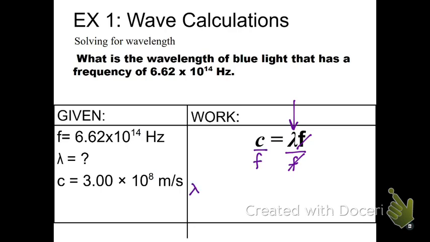So my wavelength is going to be equal to the speed of light divided by the frequency. Now I can plug in my givens, right? So my speed of light is 3.00 times 10 to the 8th over my frequency, which is 6.62 times 10 to the 14th.